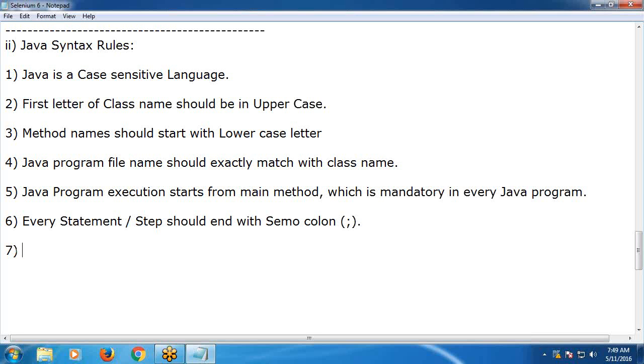See, code blocks, for example conditions, loops. Next, method declarations, etc. Code blocks are enclosed with curly braces.